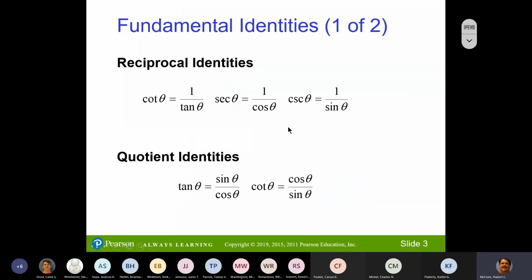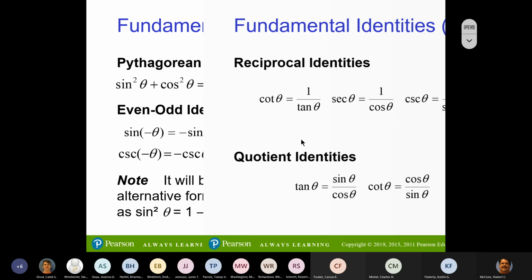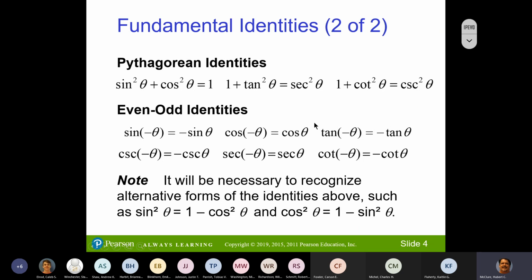Okay. They might show the Pythagorean next. I don't know if they're going to, yeah, they do. All right, so go ahead and write down the Pythagorean. You see these a lot in trig. I mean, not trig, calc. So sine squared plus cosine squared is equal to 1. 1 plus tan squared is equal to secant squared.